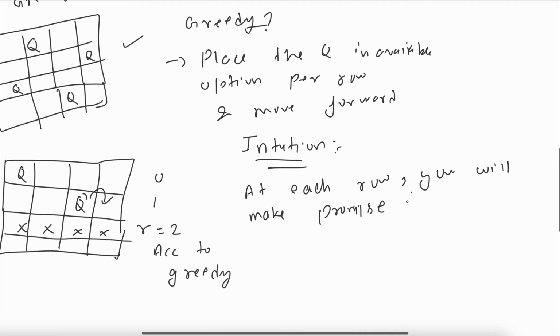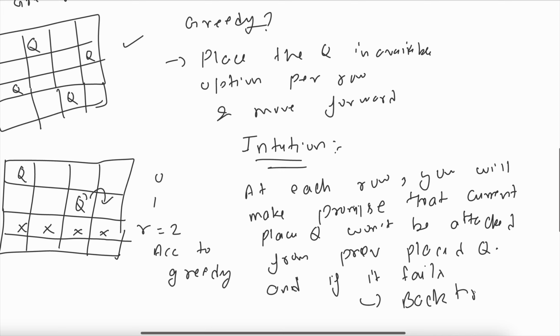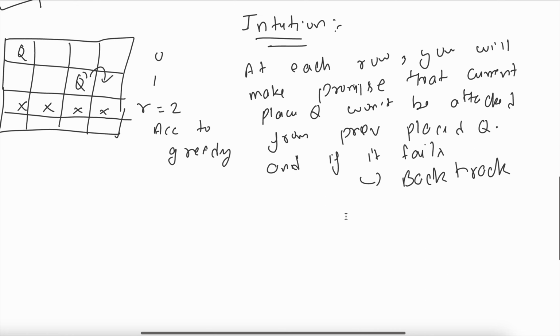The promise is that the currently placed q won't be attacked from the previously placed q, and if it fails, what you will do is just backtrack. Okay, so yeah, this is the intuition.